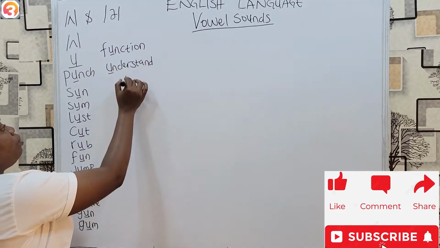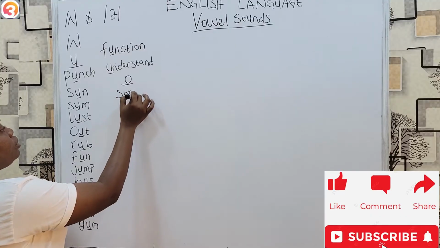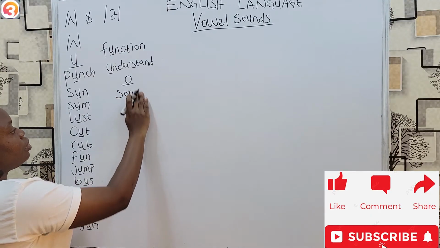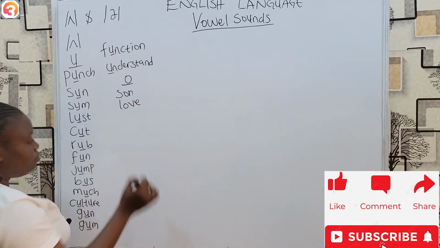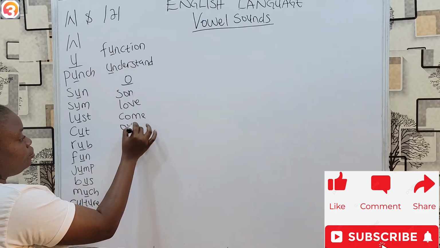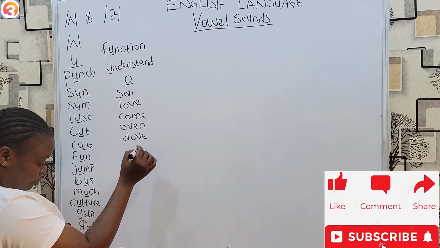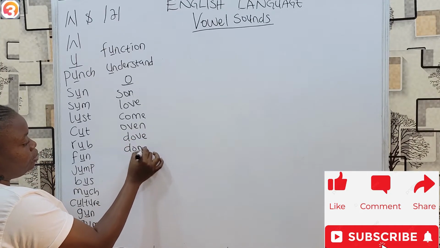We can also find them in words containing letter O. Here we have love. Words like come, done, other words include dove, done, money.